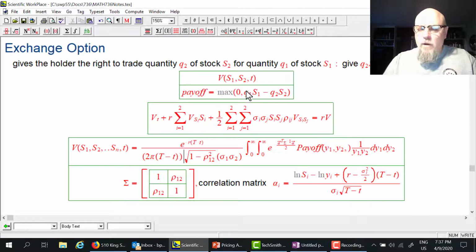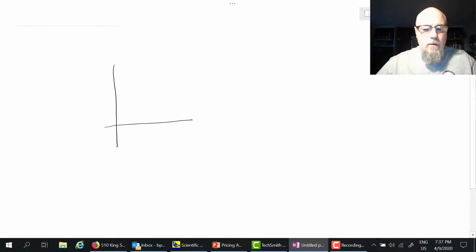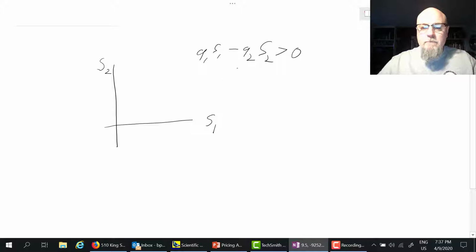So it's where this Q1 S1 minus Q2 S2 is positive. So let's draw that. If I make this the S1 axis and this the S2 axis, then I want to know where Q1 S1 minus Q2 S2 is positive.